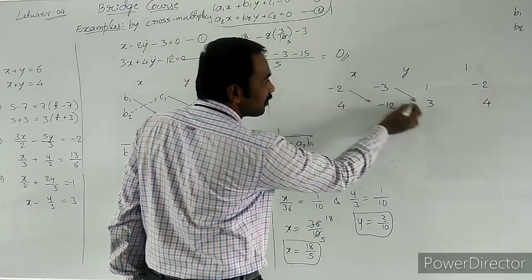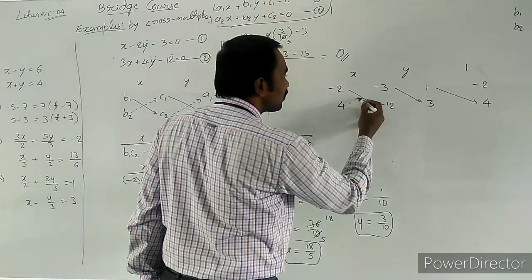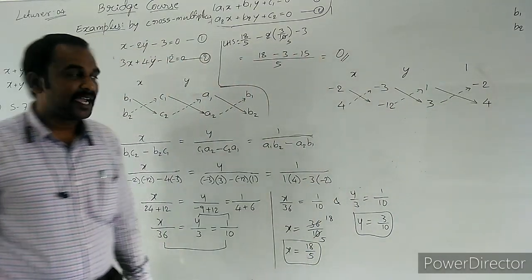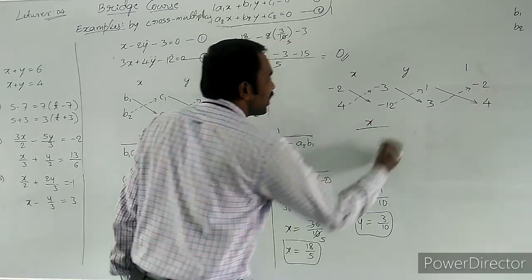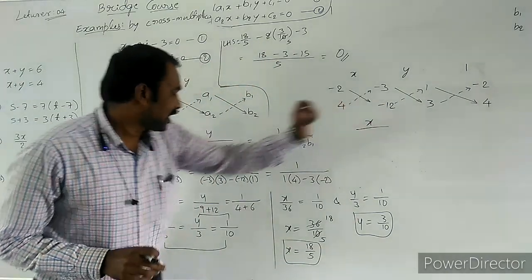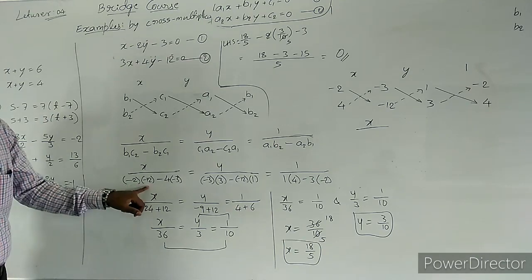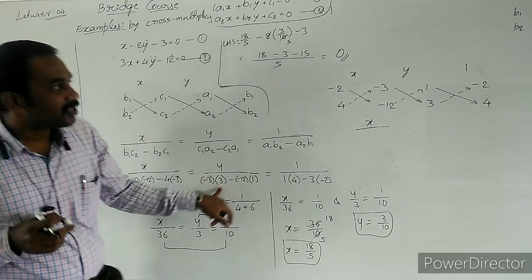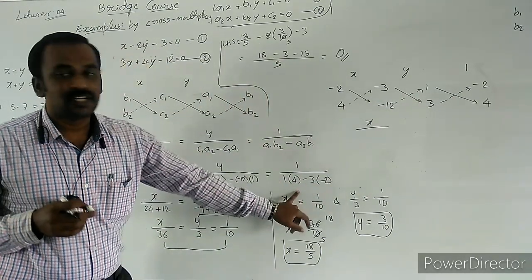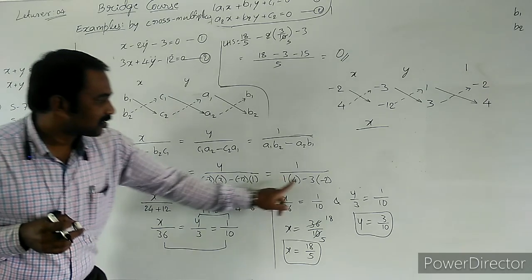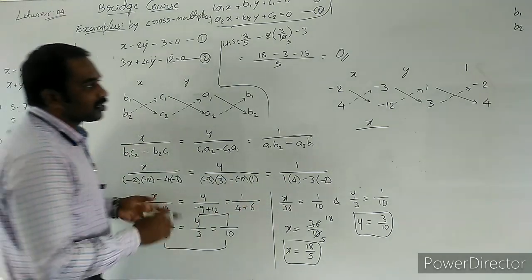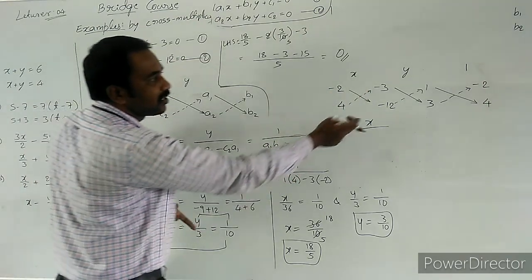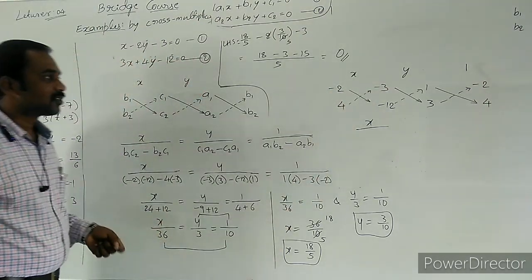First of all, cross multiplying these values, afterwards cross multiplying these values, and in between a minus sign. That means x divided by minus 2 into minus 12, minus 3 into 4, next cross multiplying 4 into minus 3, minus 12 into 1, next 3 into minus 2.